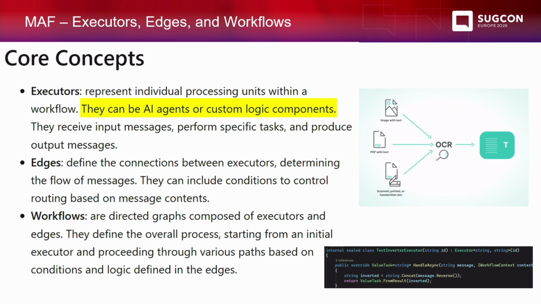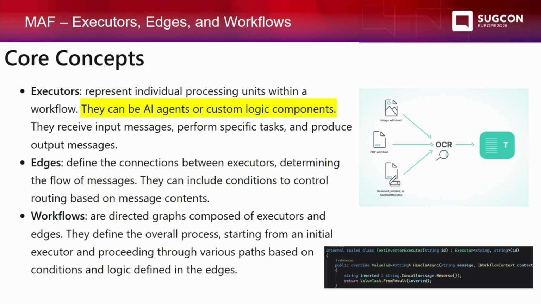You can see in the bottom right-hand corner an executor that is essentially just inverting the text. If you've got a really simple function, you don't necessarily need to burn tokens to just invert the text. You can just have a C# function and then hand that off to an agent.